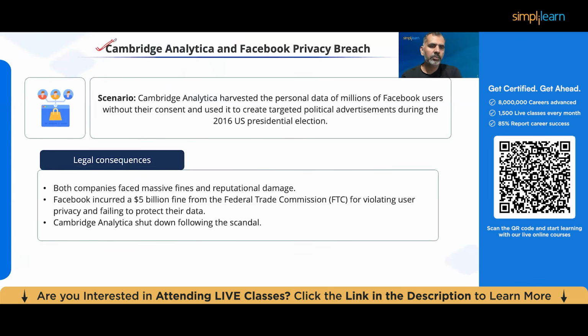So Cambridge Analytica used to be a data organization, and it played a very significant role in the 2016 U.S. election. This election was won by Donald Trump, and Donald Trump hired a senior vice president from this organization to use data science algorithms to change the mood of the voters.